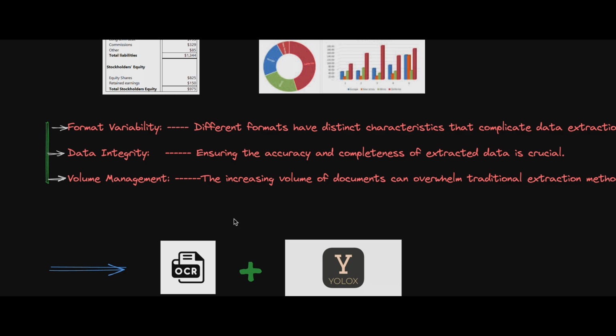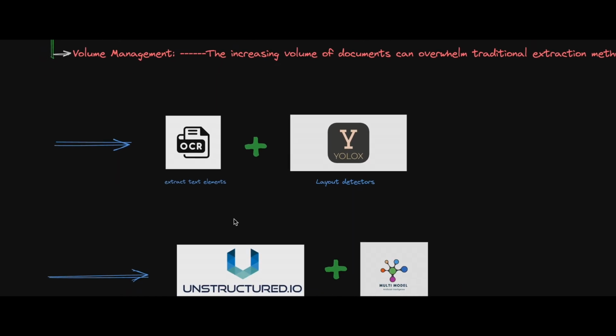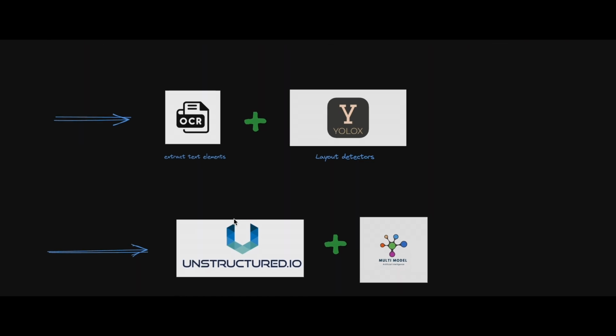To overcome these three problems, we have two techniques. These are the state of the art techniques being used; different people are doing projects on top of them. The first one is OCR. Using OCR, you will be able to extract some text elements, right? Using YOLOX, which is the latest version of YOLO, you can detect the layout of a particular page or a particular element of your data itself.